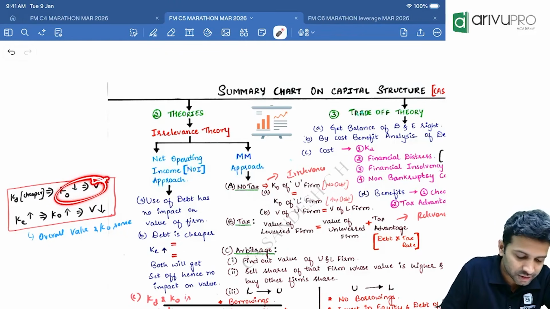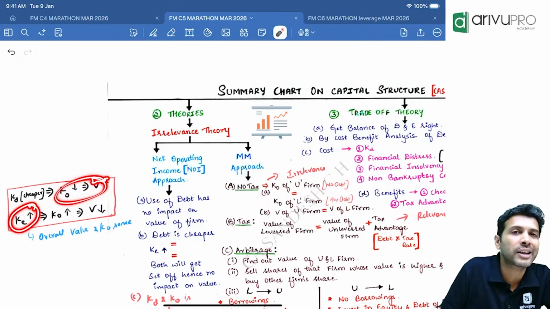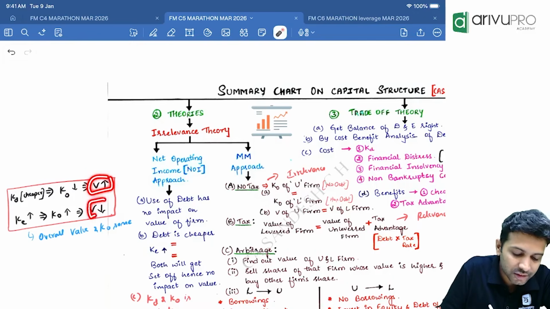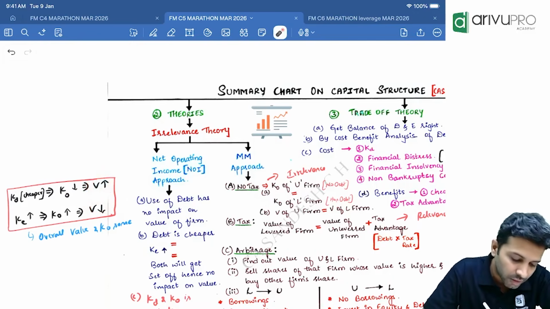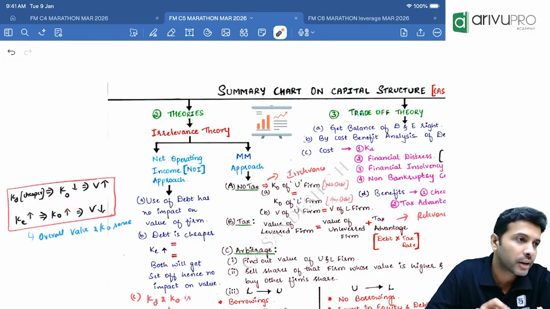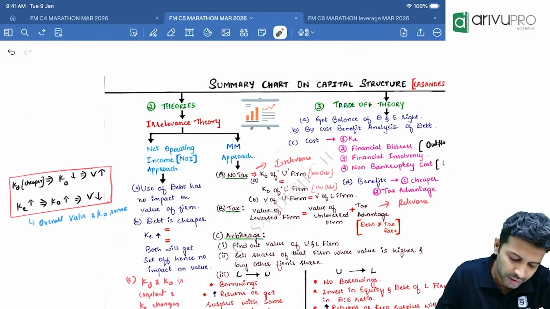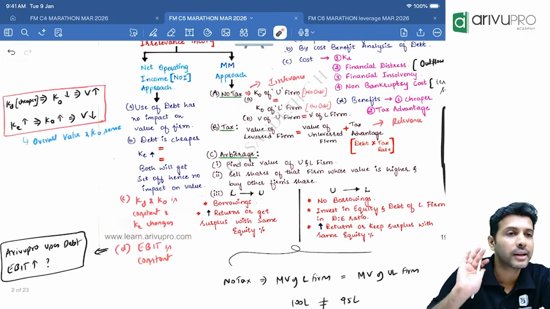If risk increases, the expectation of the equity shareholder, the cost of equity, will increase, which will cause overall cost to increase, which will cause value of the firm to reduce. This value increase and this value decrease will get offset and value of the firm will remain the same. KO also will remain the same. KD also will remain the same. The only number which will keep fluctuating is the cost of equity. That is as per this particular theory.